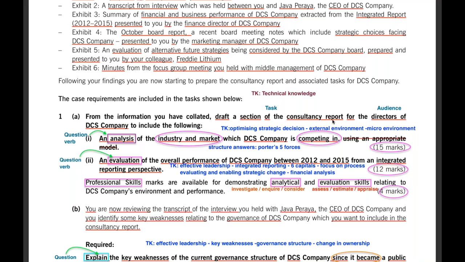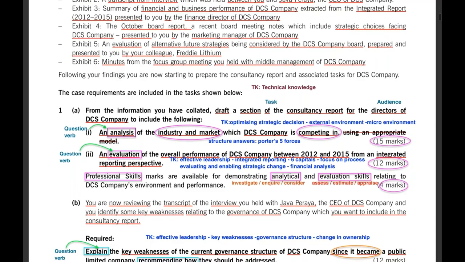What do you think would be the syllabus areas? When I say syllabus area, I'm talking about the technical knowledge that you must have in order to help you answer this particular question. And bear in mind, the question verb here is analysis. So you are supposed to be analyzing the industry and market.